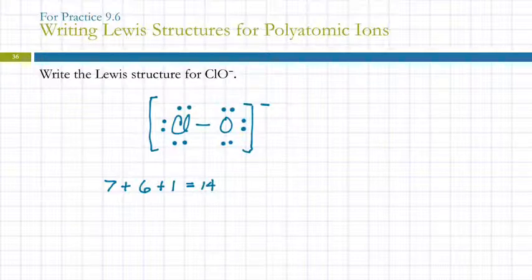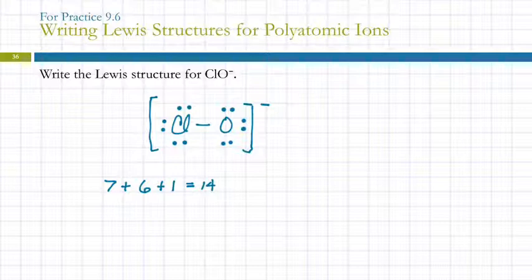On Mastering Chemistry, it doesn't have brackets for drawing Lewis structures. And so you do have to put that negative charge somewhere, but it won't let you do brackets, so please do not text me and ask me how to do brackets. It doesn't do brackets. So what I would do is I'd say, well, chlorine and oxygen, who's more electronegative?